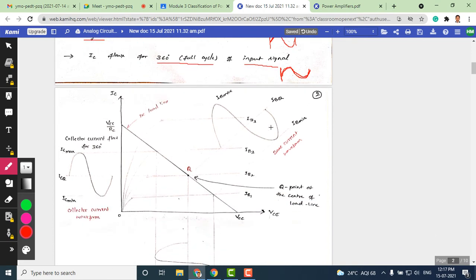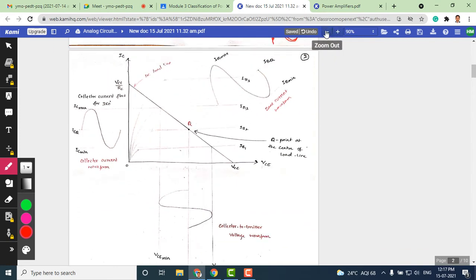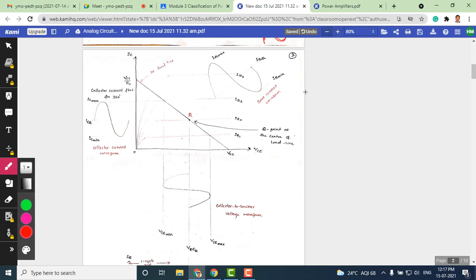Okay, this can be explained further through these characteristics. I hope you can see the full characteristics now. This is the BJT output characteristics. As you can see, we have drawn curves here for BJT.